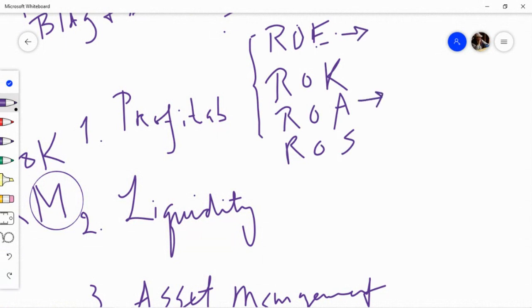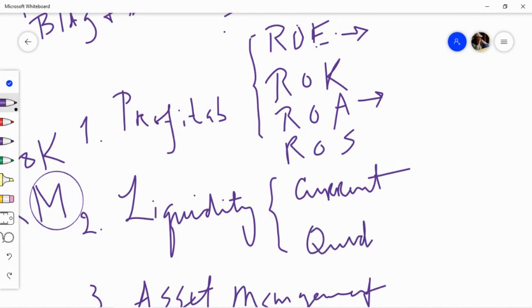I'm not going to talk more about this because I already used it in the example. In the liquidity category, two major representative ratios are current ratio and quick ratio. Quick ratio is also called acid test.